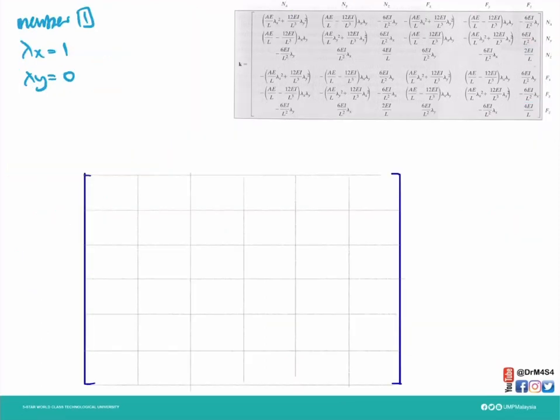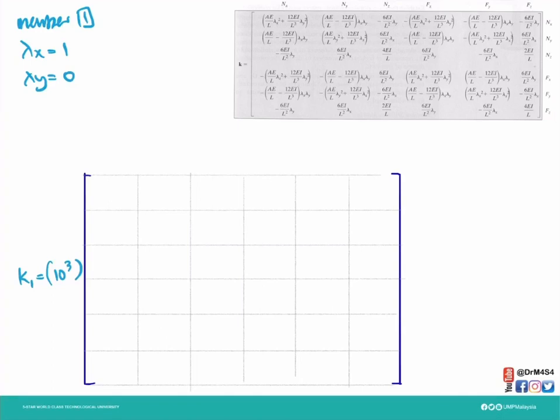For member 1, we know our lambda x is 1, lambda y is 0. So we can assemble member stiffness matrix K1. Then don't forget the numbering for member 1. x, y, z near, then x, y, z far.